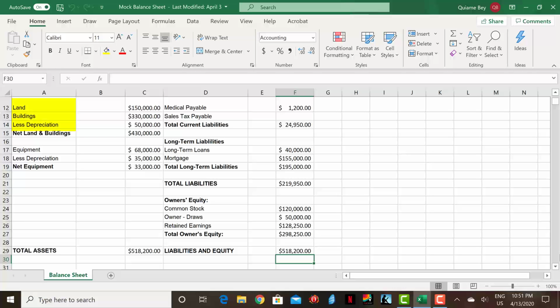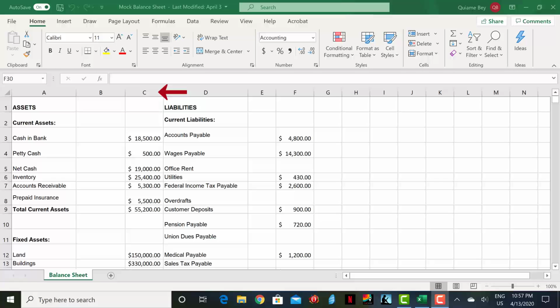Cells A12 through A14 are subcategories of fixed assets, and cell A15 is the net for the land and buildings. Cells A17 and 18 are remaining assets, and cell A19 is net equipment. Finally, in column A, cell 29, we have the total assets.